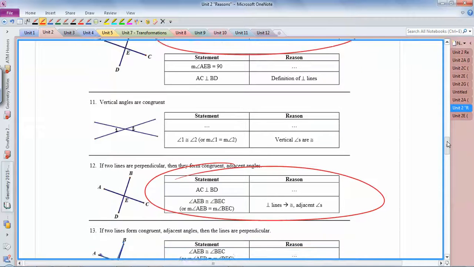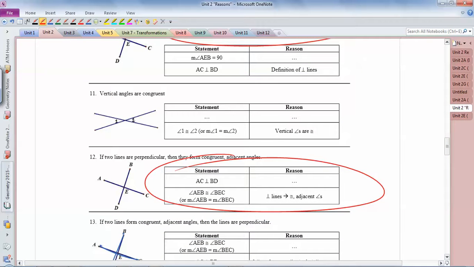Let's go back and look at a different reason. So here we've got AC is perpendicular to BD. So AEB is congruent to BEC because perpendicular lines give congruent adjacent angles. Okay, so we got to pick two of the right angles next to each other, congruent and adjacent, and just say that they're congruent.